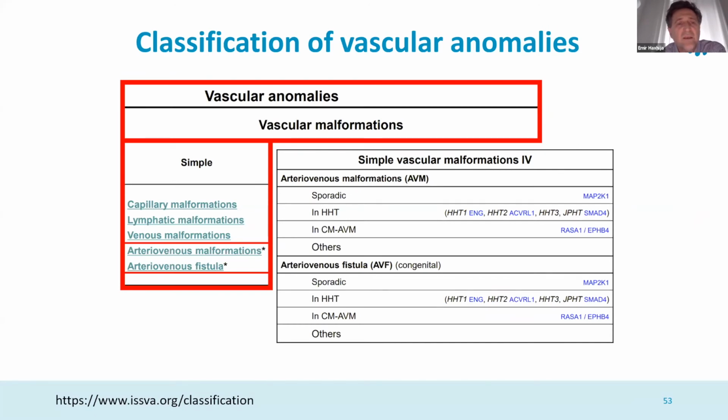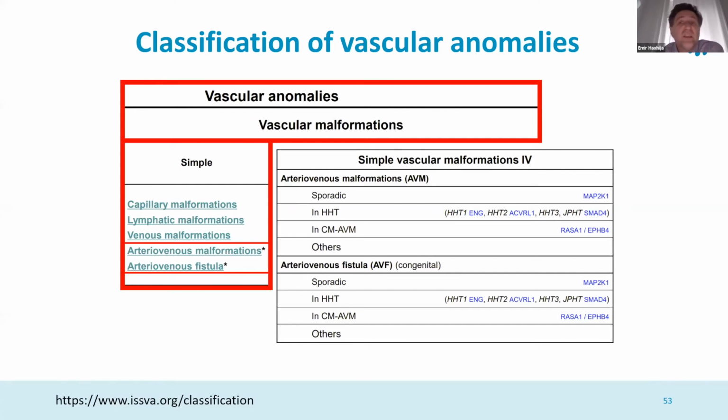And the last group of simple malformations are the arteriovenous malformations, or arteriovenous fistulas, which have actually a very similar classification in this ISSVA classification. These are the sporadically occurring arteriovenous malformations. This corresponds almost to the common venous malformations or the common lymphatic malformations, occurring sporadically in any part of the body without being associated to any other syndromes or something like that.